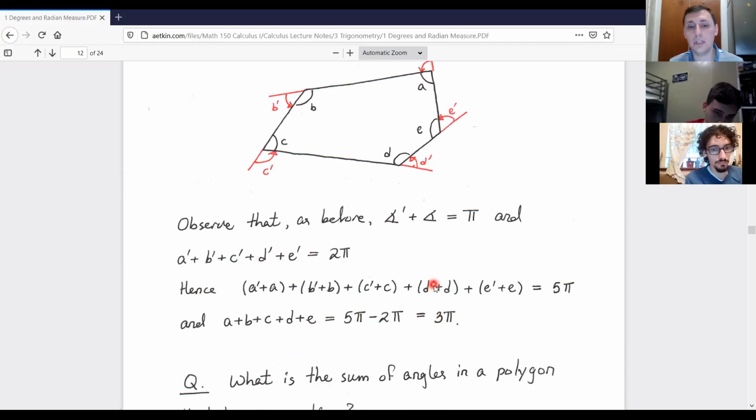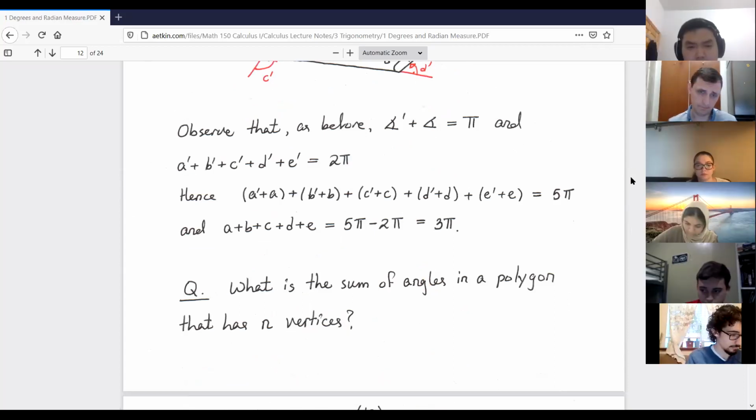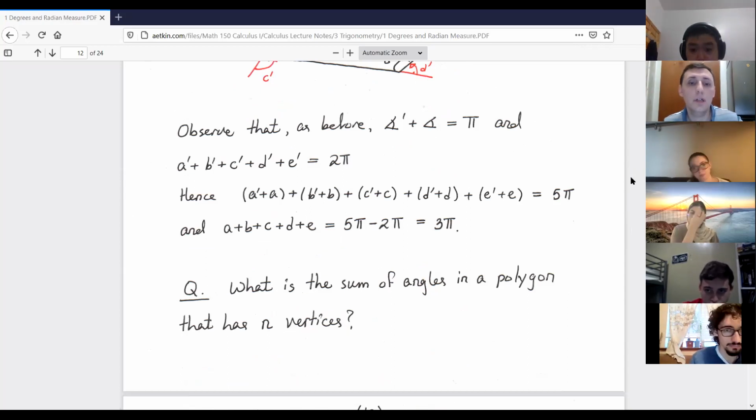So here is the calculation. And of course, what's going to be the sum of a polygon that has n vertices? In general, like 3, 4, 5, 6, 7, n vertices. If it's a million vertices, right? So that's what the n is supposed to do. Tell me what's the formula for n vertices? It's not n pi, no. It's (n minus 2) pi, Humira, correct.